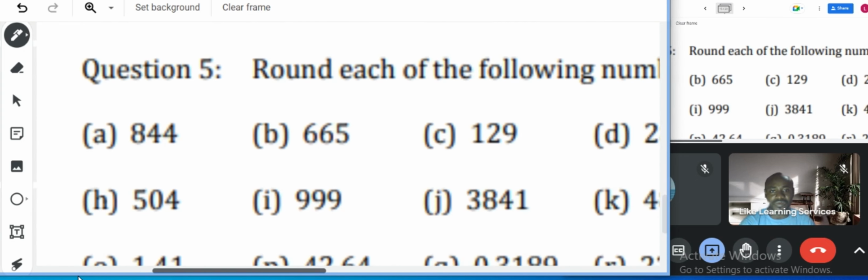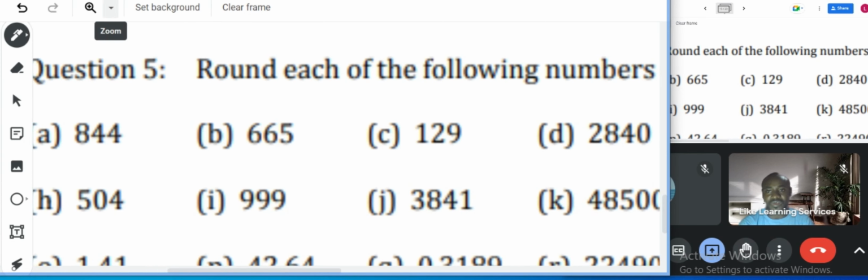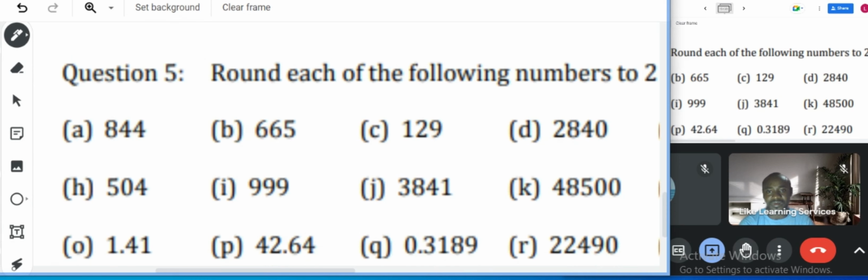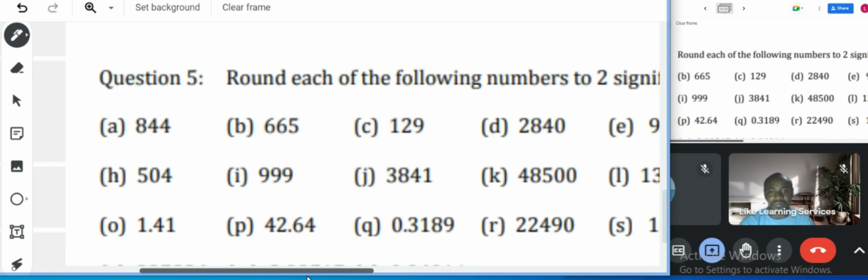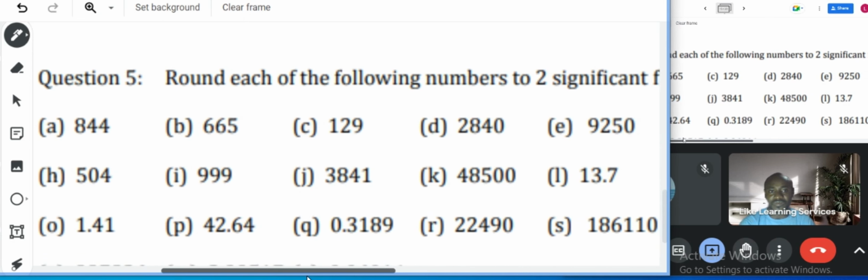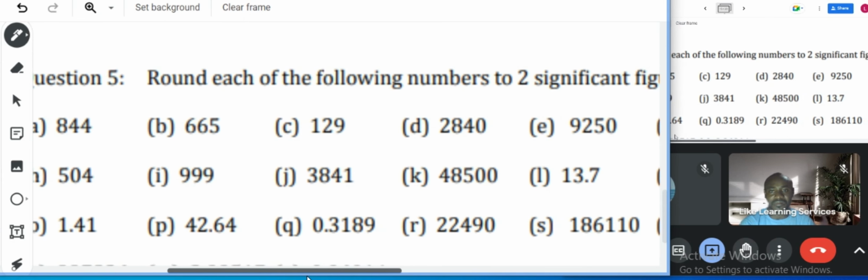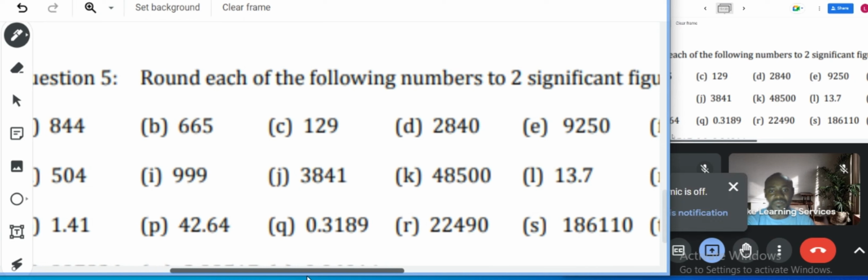Then the other ones you can see say round each of the following numbers. Let me zoom it out a bit so you can see all. To 2 significant figures. Here we are expected to round to 2 significant figures. All right.